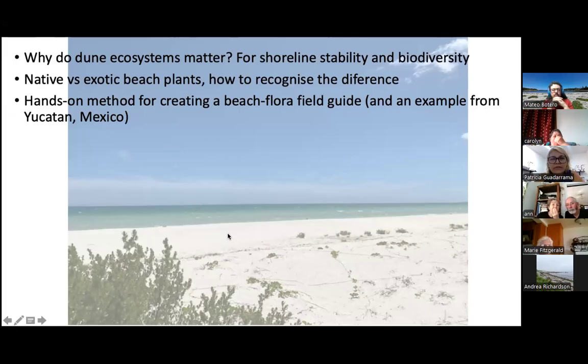Why do dunes ecosystems matter? Native and exotic beach plants, how to recognize the difference, and a method for creating a beach flora field guide, and an example for Yucatan, Mexico.